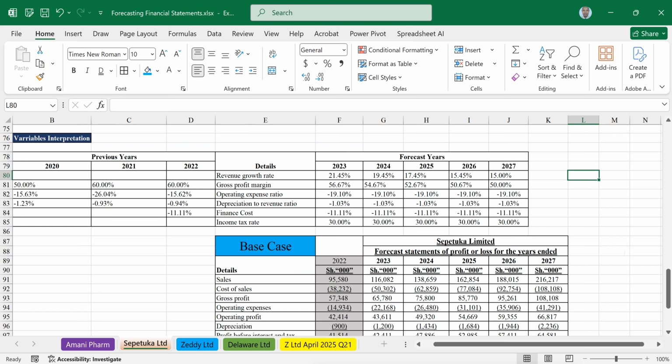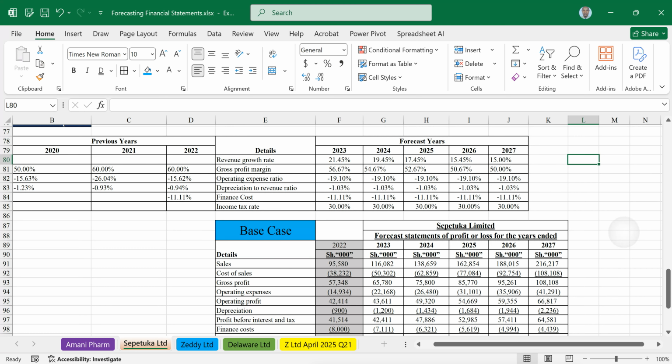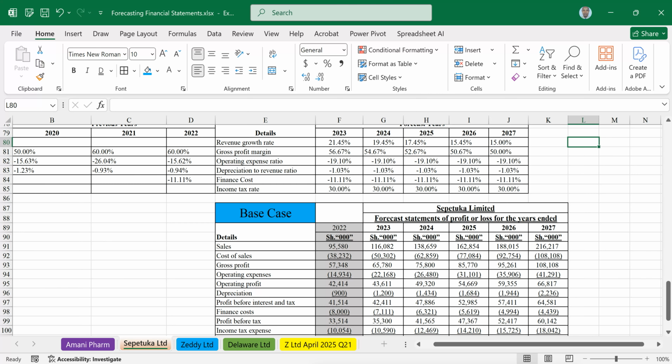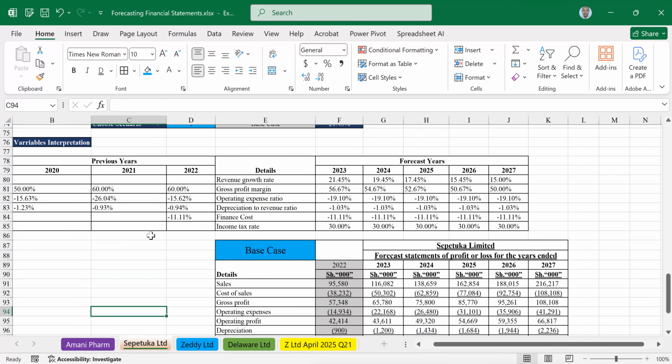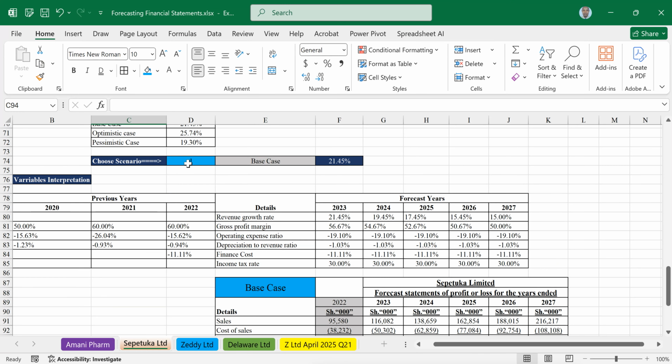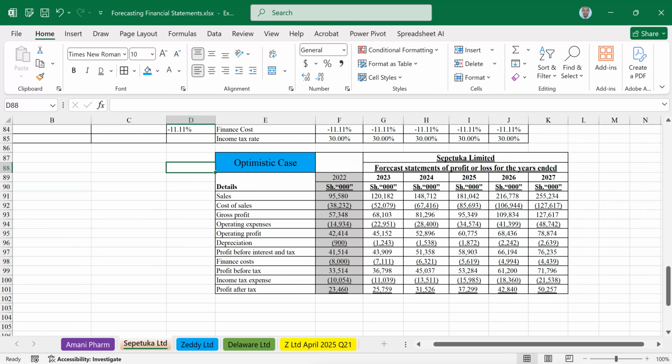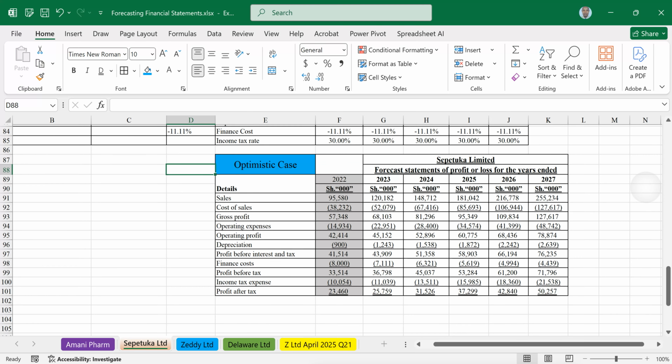Now, if you are asked about the other scenarios, that is why we had the choose scenario. You simply move up and pick another scenario. Let's say you are picking scenario number 2. Now it becomes optimistic. Look at optimistic. The results have changed.